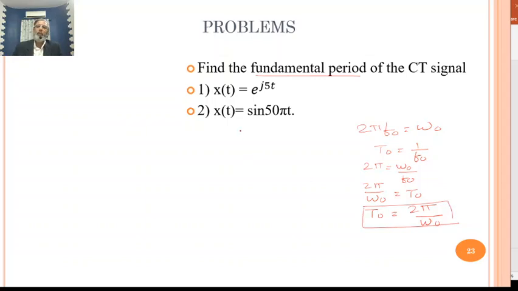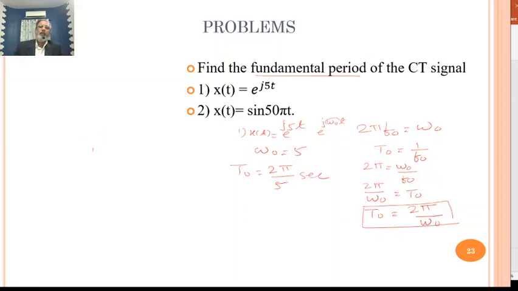Now in the first problem, x of t equals e raised to j 5t. Comparing with the standard equation e raised to j omega 0 t, omega 0 equals 5. So T0 equals 2 pi divided by 5 seconds.